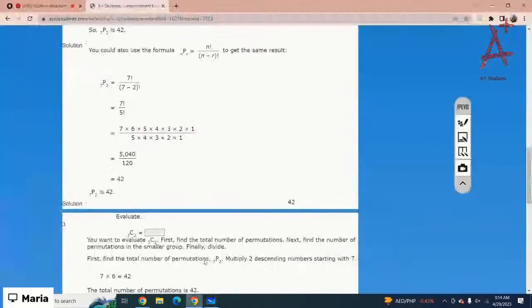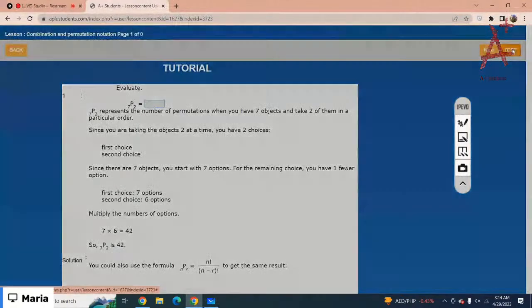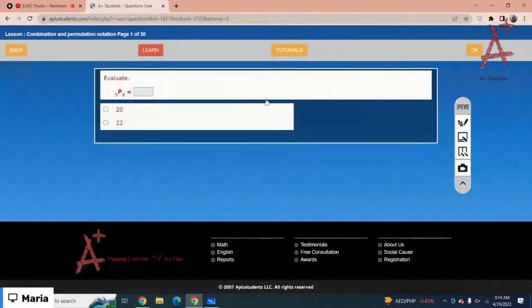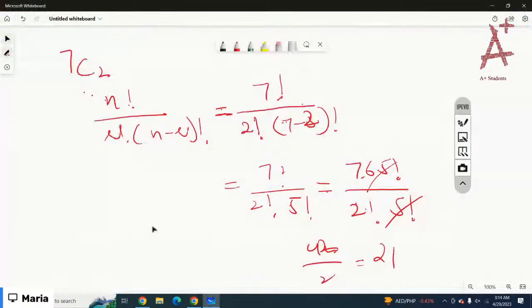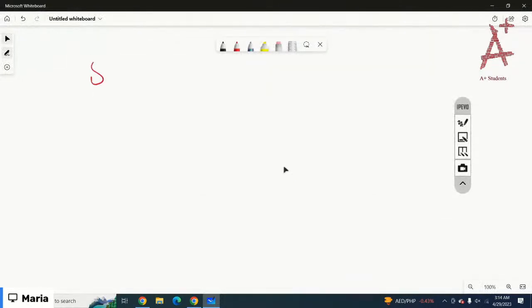Okay, let's just start with the practice questions. You have to evaluate the permutations. Got it? 5P2.